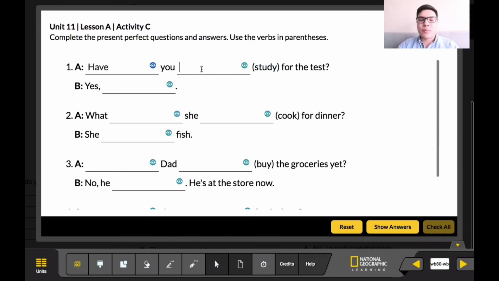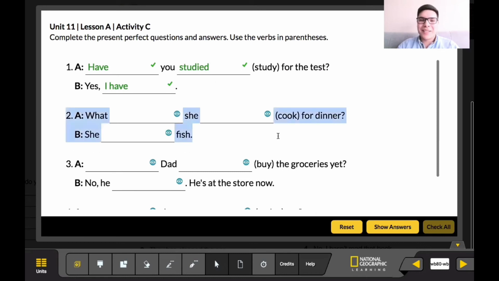Study is a regular verb, so we have to put studied. Have you studied for the test? Yes. What is your answer? Yes, I have. Exactly, very good. Have you studied for the test? Yes, I have.